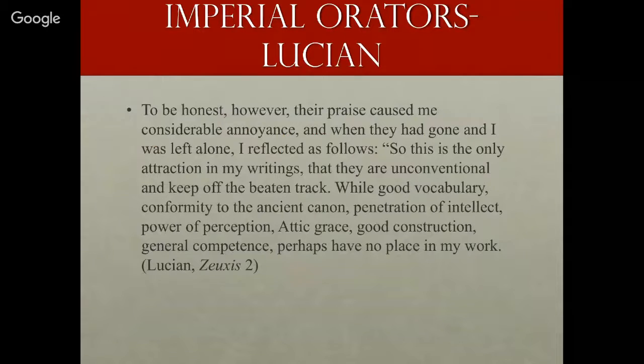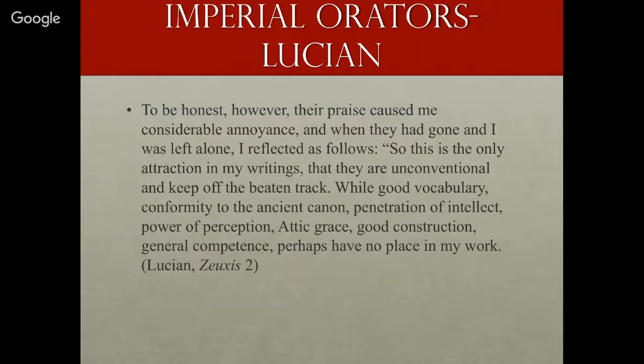And then I moved to imperial orators, particularly Lucian, Dio, and Aelius Aristides, since they are the ones that make claims on Atticism throughout their works. However, one of the very interesting passages that led me to Lucian as one of the choices is that he is bragging for having been praised.